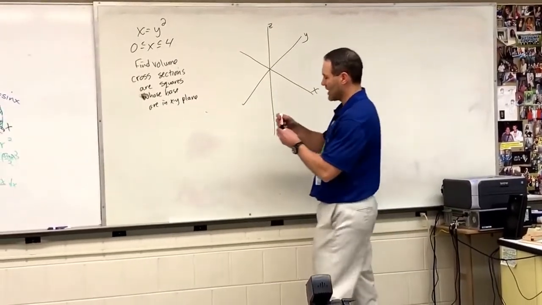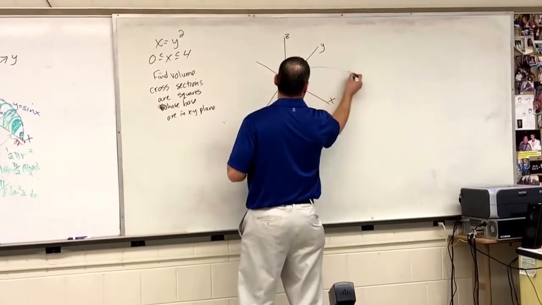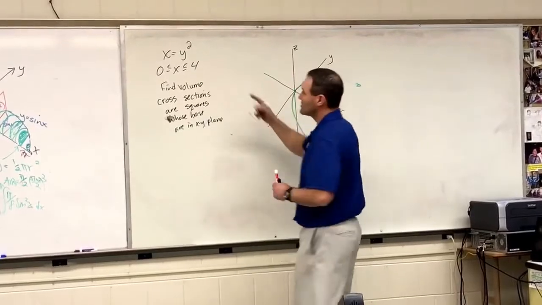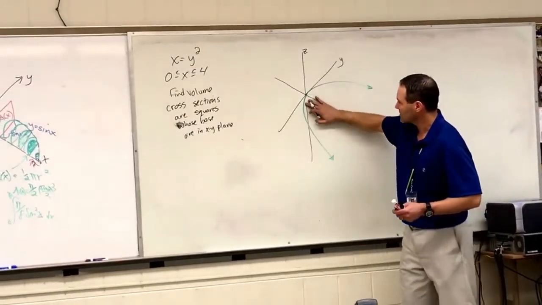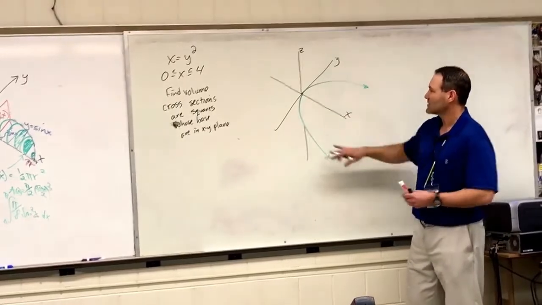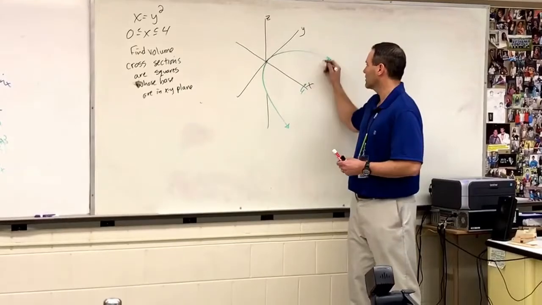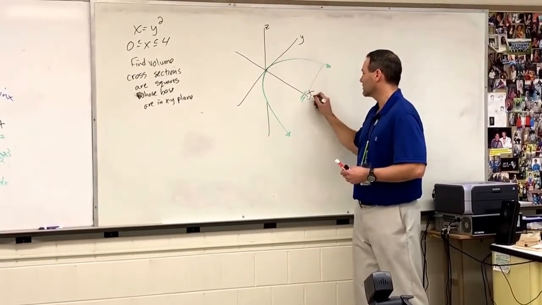So x equals y squared is a parabola that looks like this, right? You could solve for y, so it'd be square root of x and negative square root of x. So there's my sideways parabola, and I said that I would go up to 4. Okay, so there's my region.